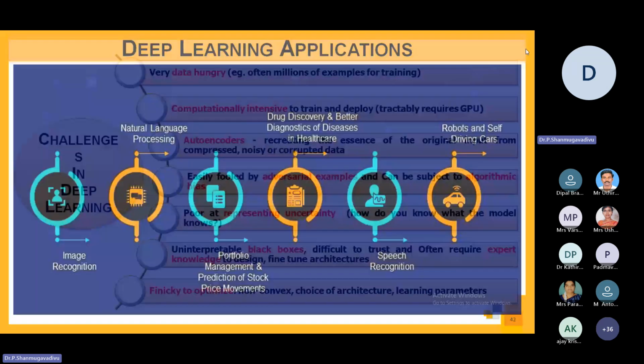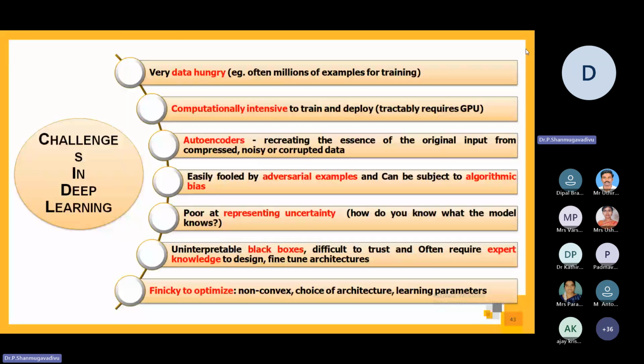So challenges: all the deep learning models are data hungry in nature. You need a large volume of data for training. At times we may not have such a large volume of data in reality. Then it is computationally intensive.